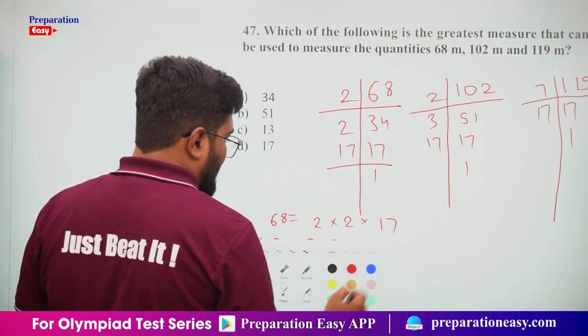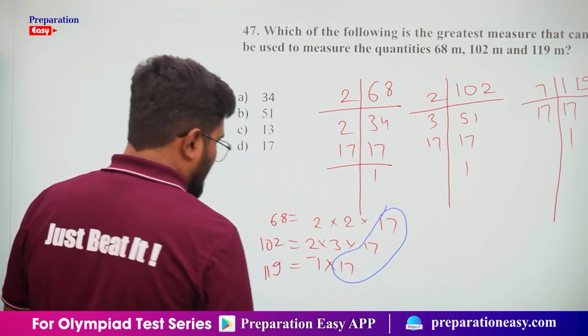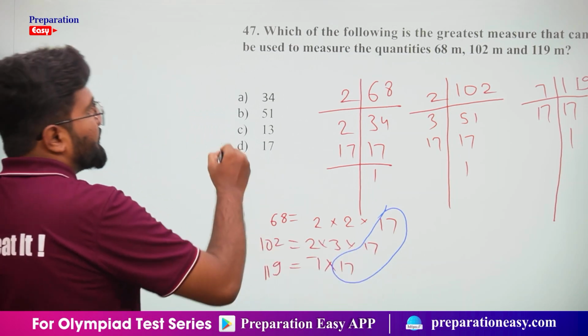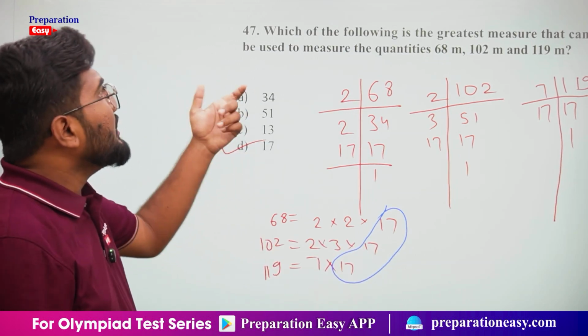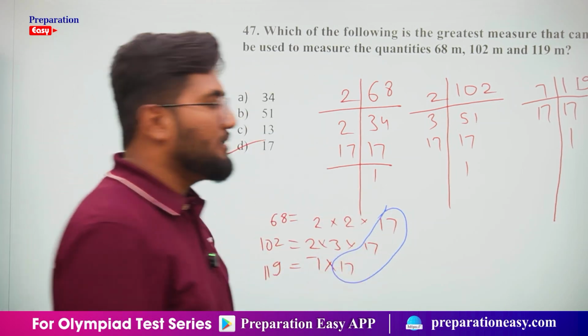We have to find the HCF. What is common? Common is 17. So 17 would be the greatest measure.